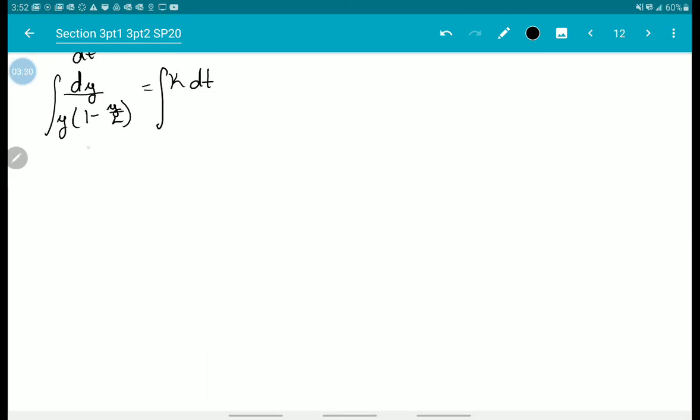I don't like to deal with complex fractions, so we're going to simplify that complex fraction. So we have 1 over y times 1 minus y over L. That's equivalent to, in the denominator, y times L minus y over L. And if we think about that keep, change, flip, we're going to have L over y times L minus y.